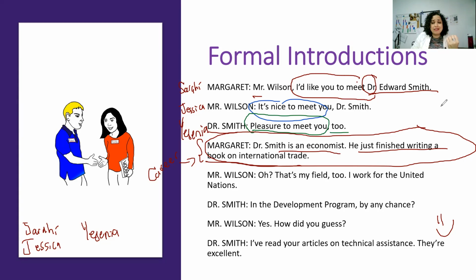I work for the United Nations. Then the conversation keeps on going. Dr. Smith says, in the development program by any chance? Because he already knew about Mr. Wilson. He confirmed it at the end. He said, hey, I've read your articles on technical assistance. They're excellent.